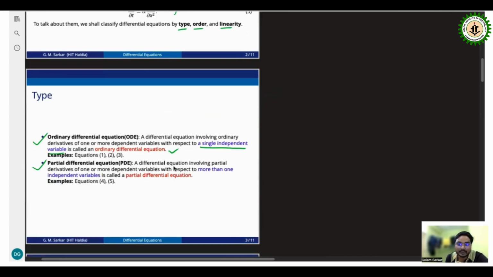A differential equation involving partial derivatives of one or more dependent variables with respect to more than one independent variable is called a partial differential equation. That means in a partial differential equation, there must be more than one independent variable. For example, equations number 4 and 5.